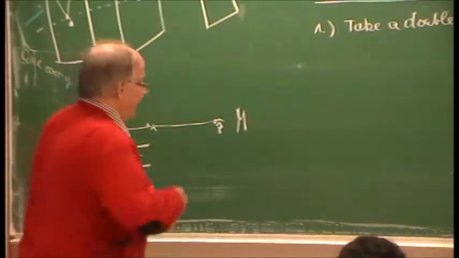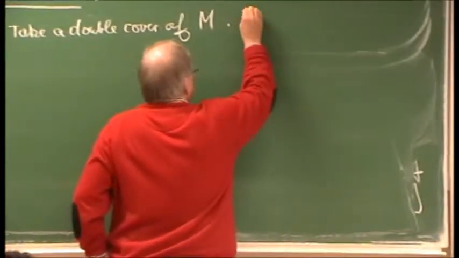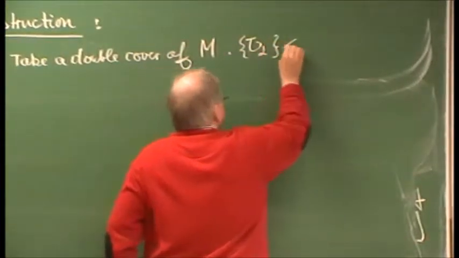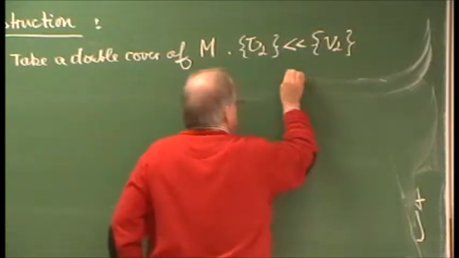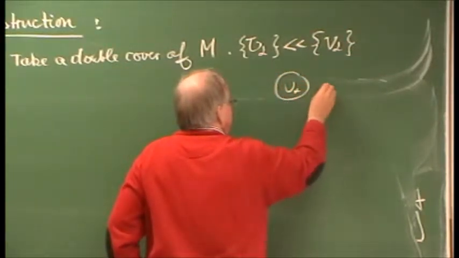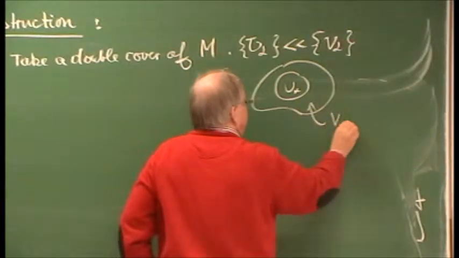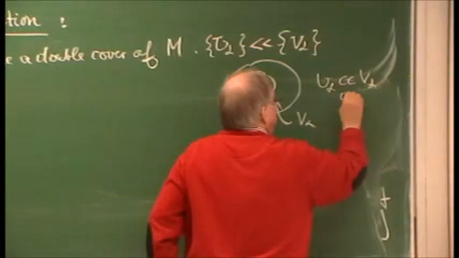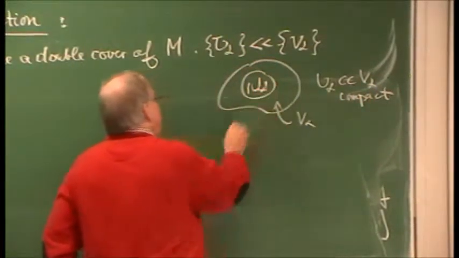So anyway, take a double cover of M. Call this U alpha, finer than V alpha. So this means that inside V alpha you have U alpha, and I take U alpha, of course, to be compact in V alpha. So I'm having to use this word compact again, but we talked about what it means.